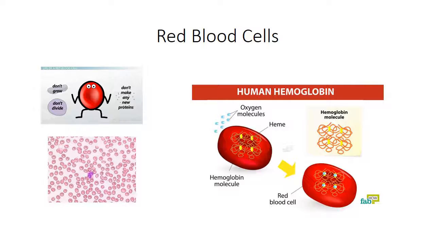To the right, you see hemoglobin molecules separately from red blood cell, and in the right lower corner, you see hemoglobin molecule where each heme is combined with something that is shown blue. This something is oxygen, actually.